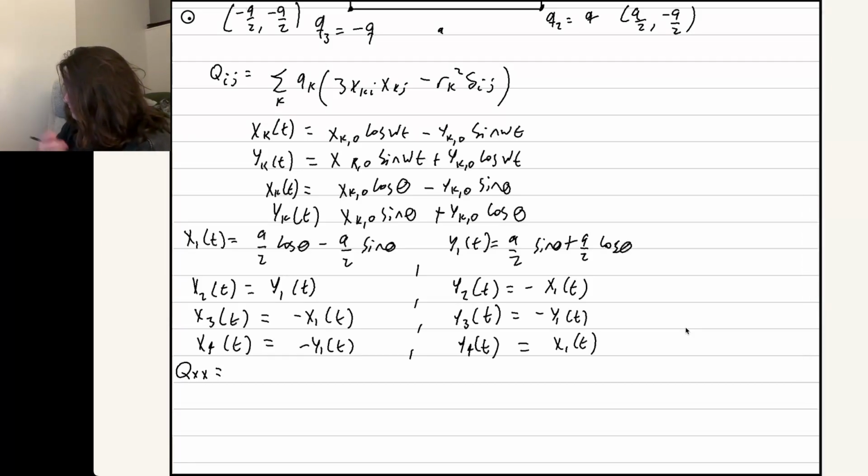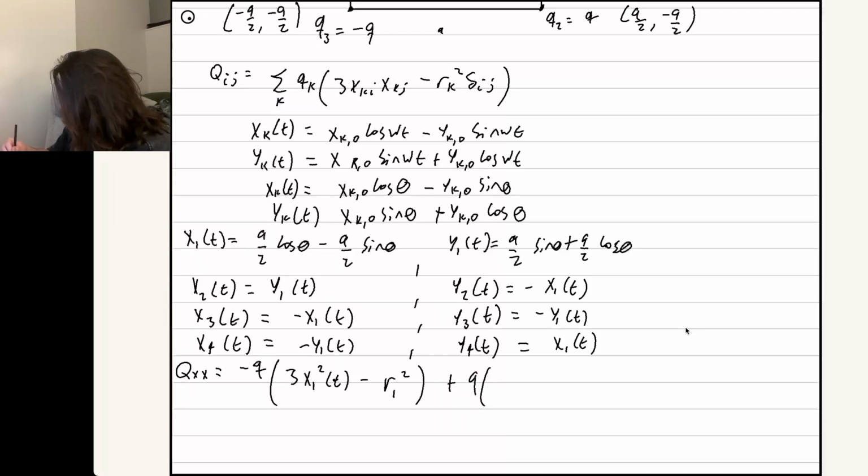Doing q1, which was minus q, you'll have 3 x1 squared of t minus r1 squared. And then that's going to be plus q times 3, and for the second particle it was y1 of t, so y1 squared of t, minus r2 squared.